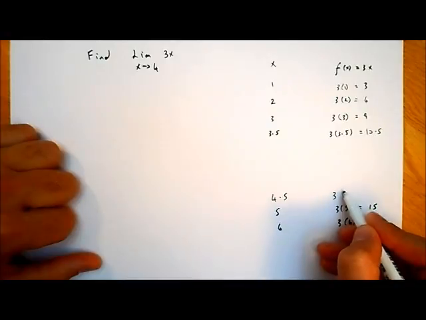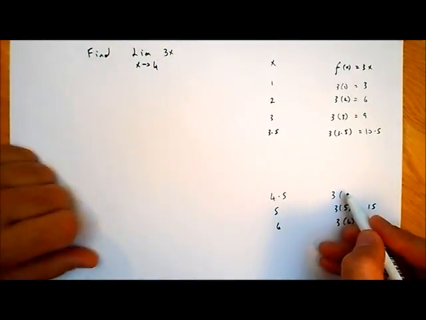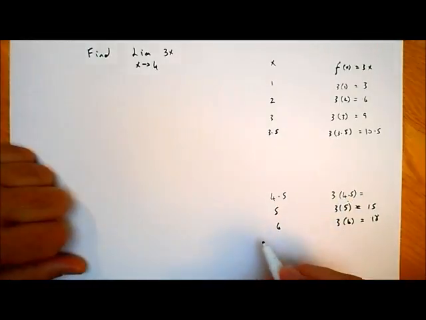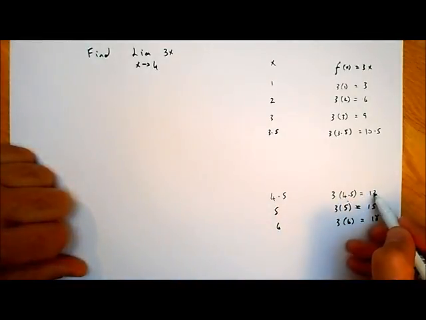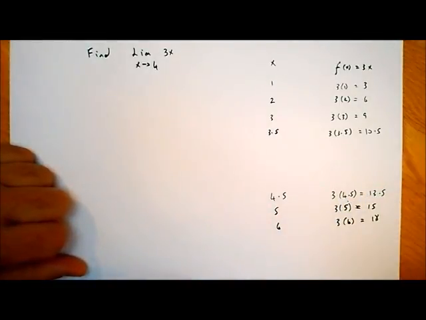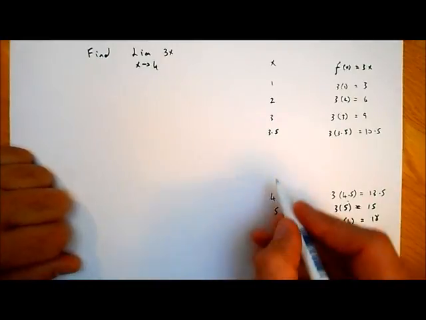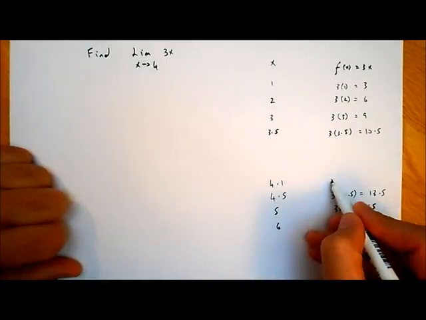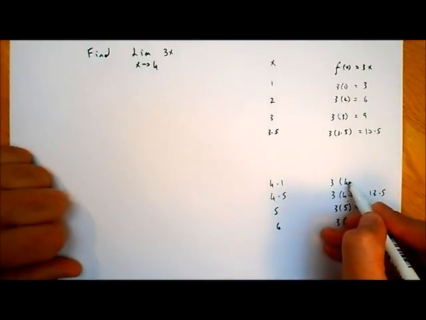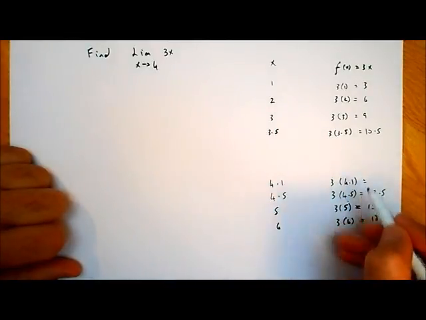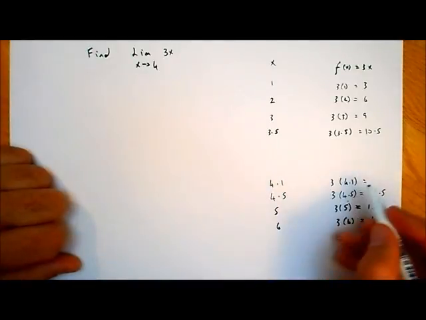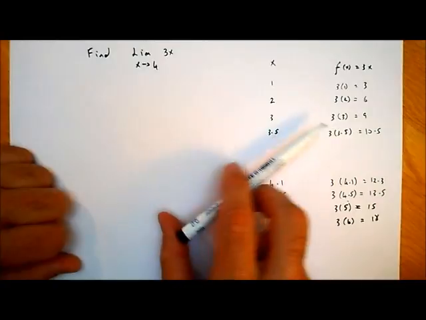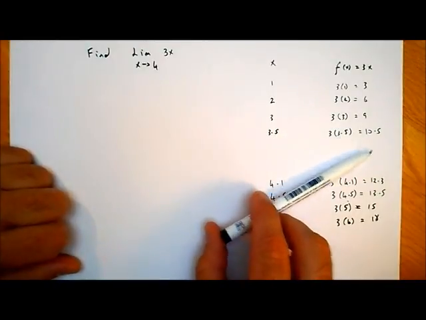When x is 4.5, 3 fours are 12, 3 times 0.5 is 1.5, so that would be 13.5. What else can we go? When x is 4.1, we'd have 3 by 4.1, which would give us 12.3. So you can kind of see, it's hard to see what the limit is here.